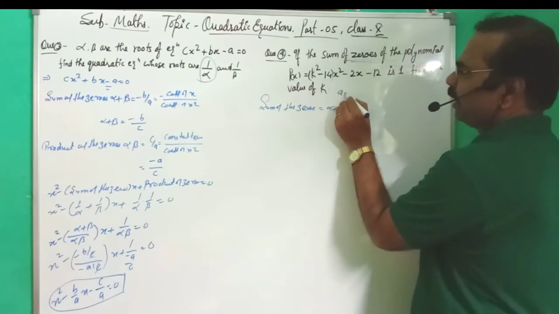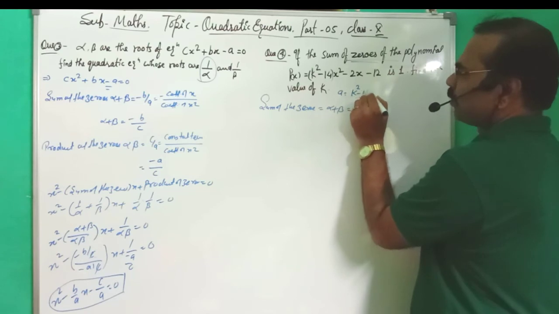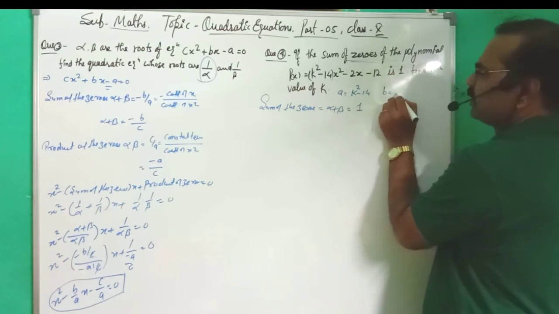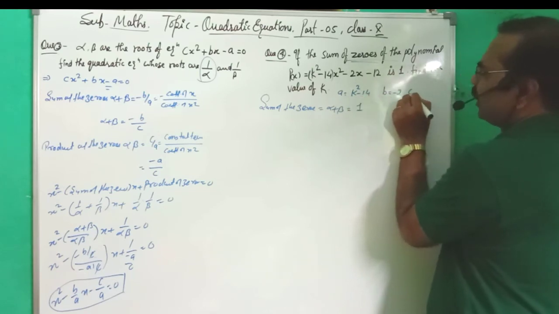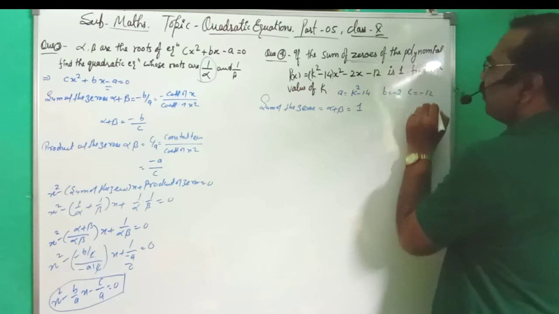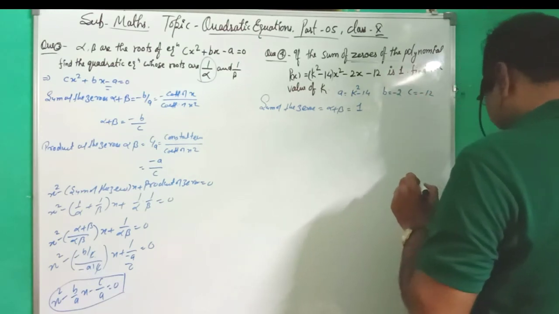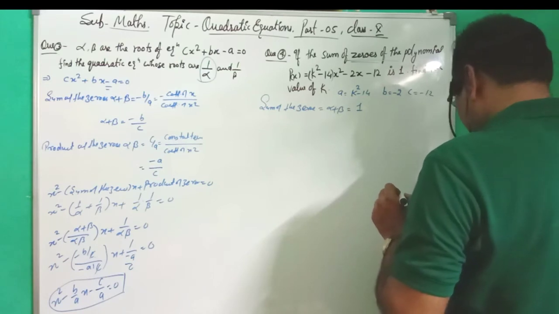The value of a is k square minus 14, the value of b is minus 2, and the value of c is minus 12.